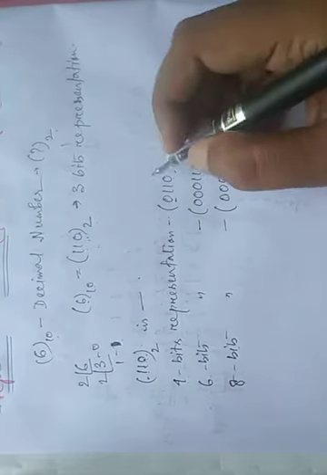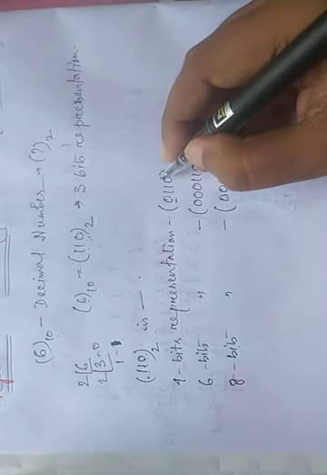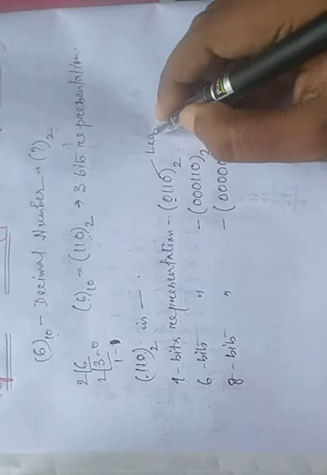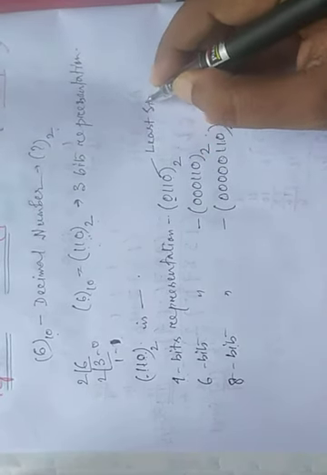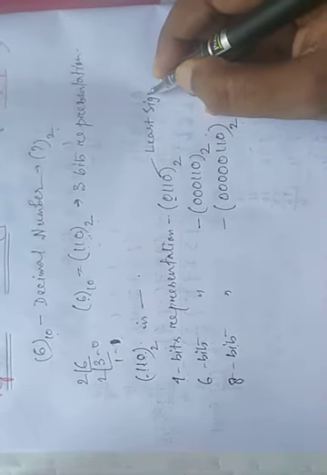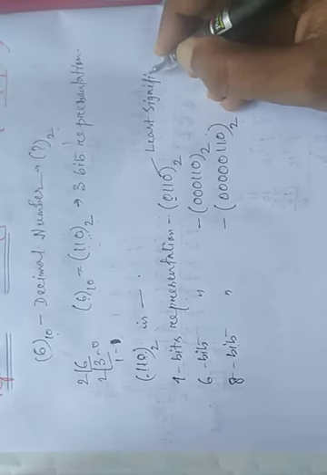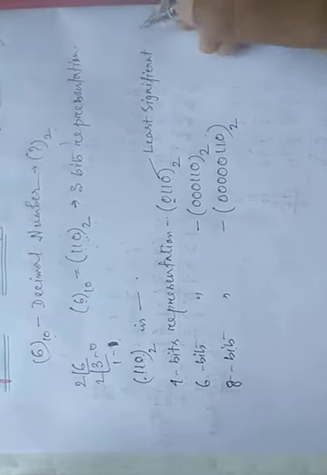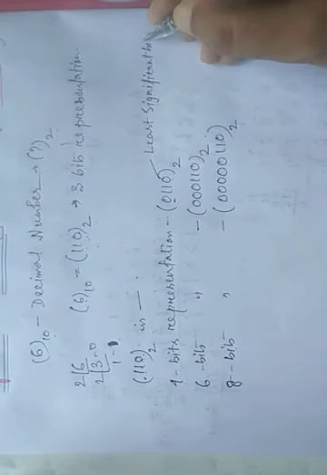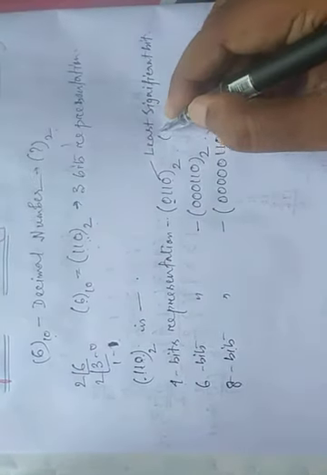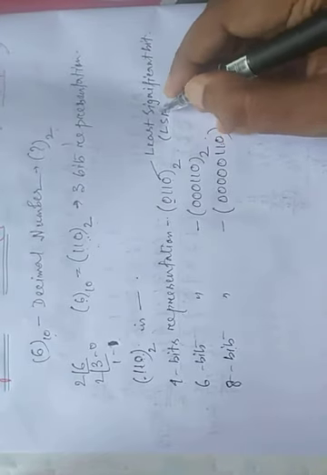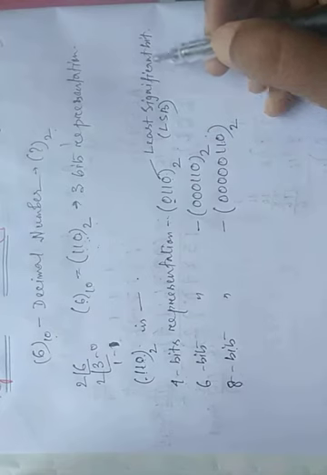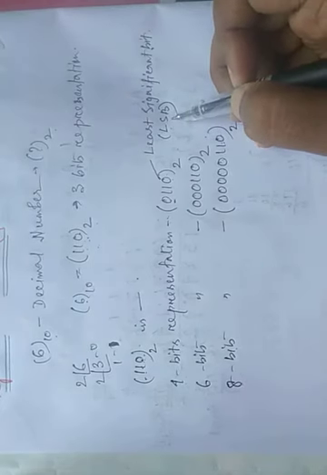For any number, the rightmost bit is known as the least significant bit, also known as LSB, because its place value is the least.